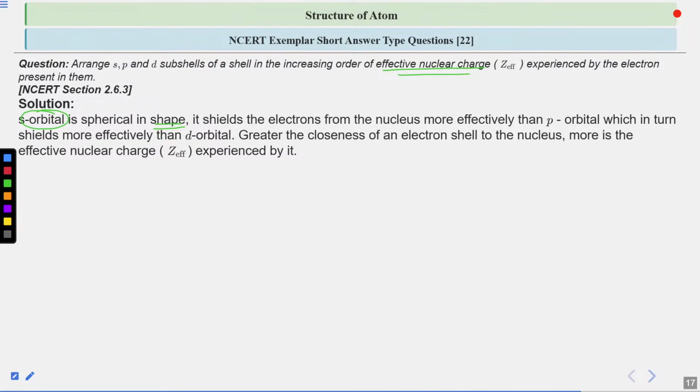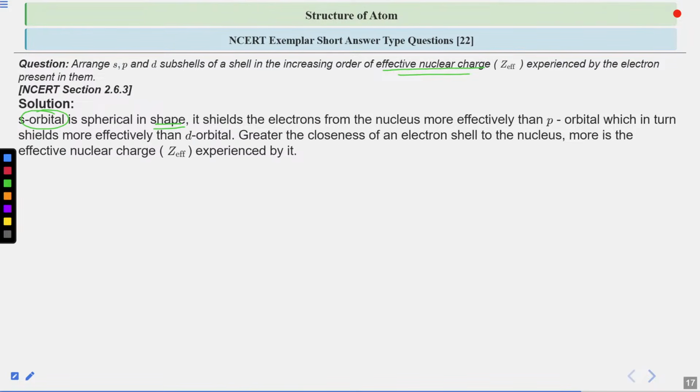You have to say which one will experience the greatest nuclear charge. I've already told you, we have to consider S, P, D and F. We know that the S orbital is closest to the nucleus, and as a result it will experience the maximum effective nuclear charge.